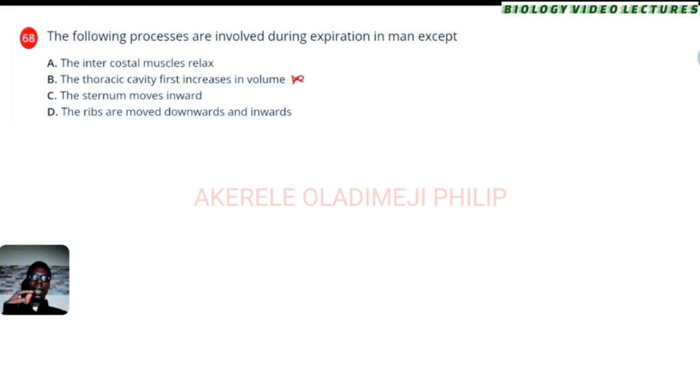Let's see other options. The sternum moves inward. Well, when you exhale, yes, the sternum moves inward because the rib cage reduces like that. The ribs are moved downward and inwards. The answer to this question is D. A, C, and D are all correct for exhalation or expiration, which means breathing out.